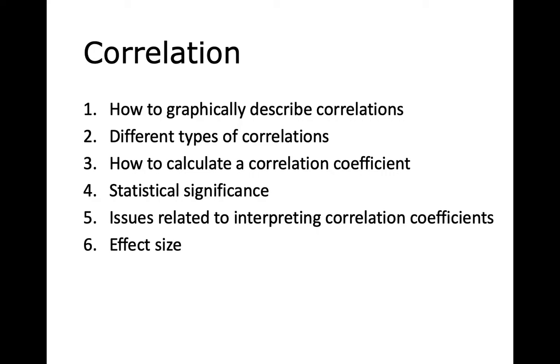That is, we can take a sample of data, determine the association or correlation between two of the variables in our data, and then use that to infer whether there is a relationship between those two variables in a broader, larger population. So we'll go over the statistical test of the correlation, talk about some issues related to interpreting correlation coefficients, and then review correlation as a measure of effect size.